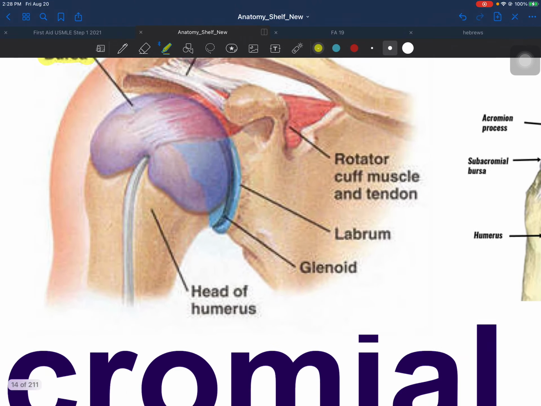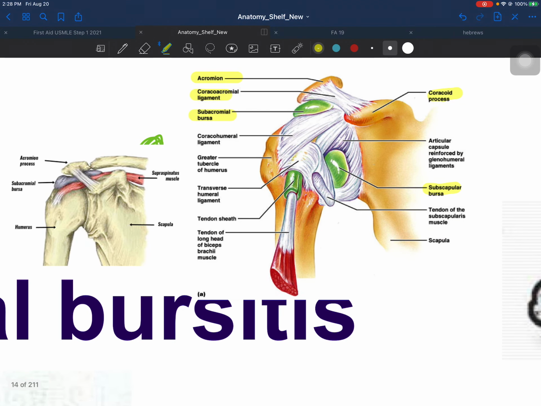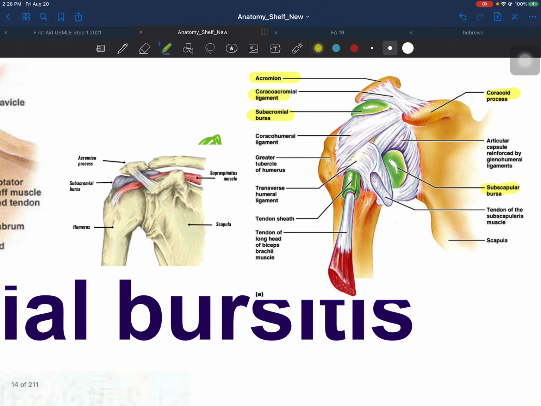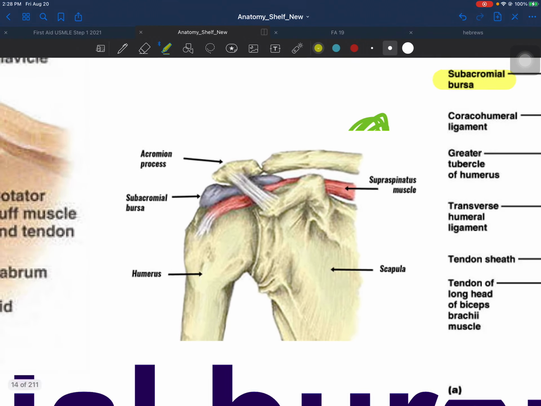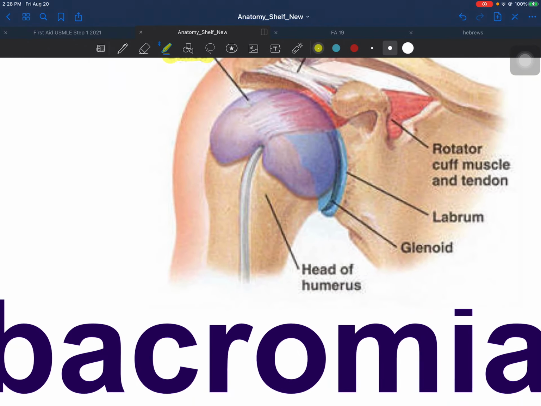The rotator cuff muscle's tendon is right there, because that tendon is supposed to come up. And here is the supraspinatus muscle, because the supraspinatus tendon is the one that is going to be injured here.